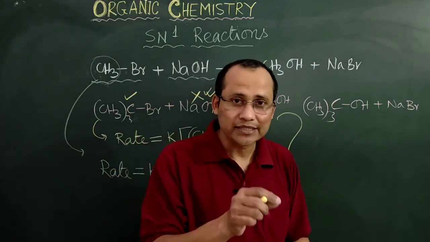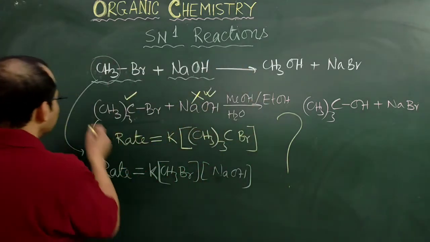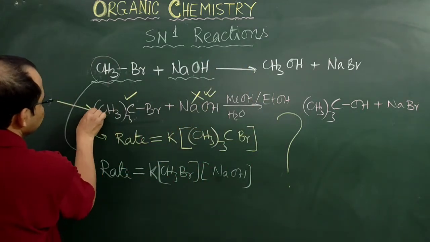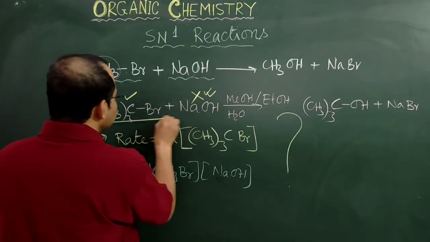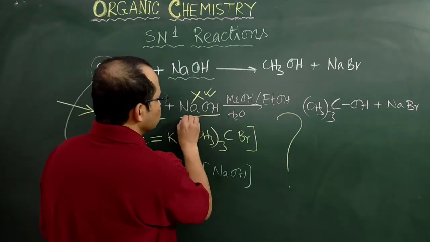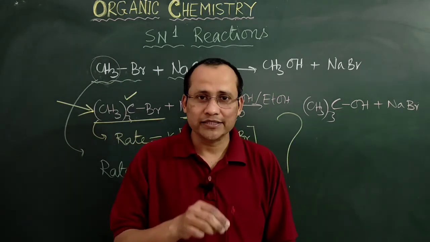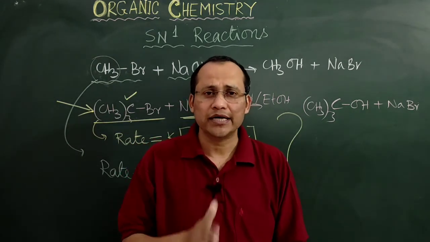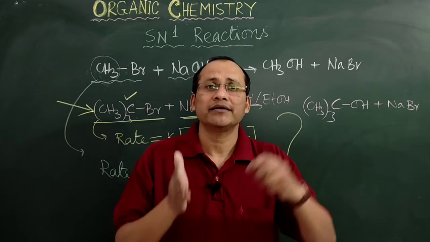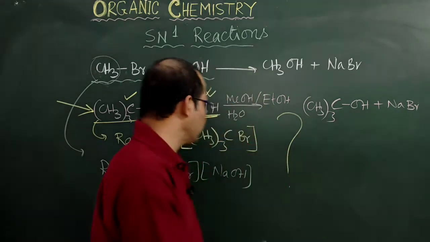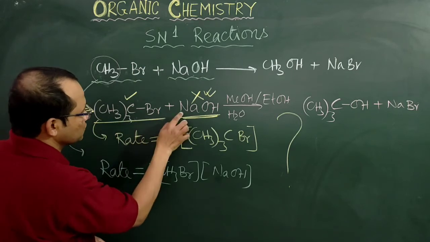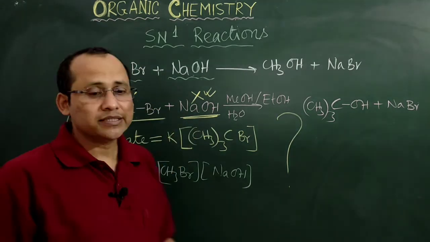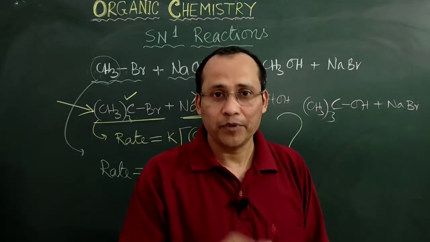So in this class we shall discuss the reason behind this being dependent on this only, not on this. To explain this, we have to consider how the reaction proceeds. We are not discussing this one in detail here. We shall go through this and see how the reaction proceeds.